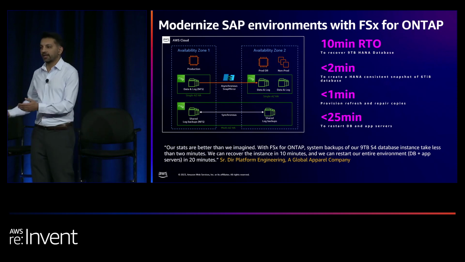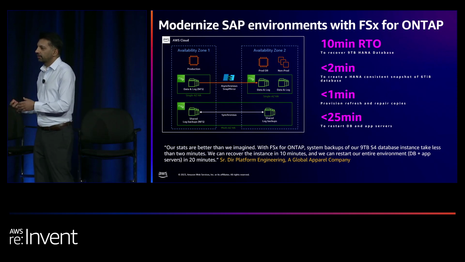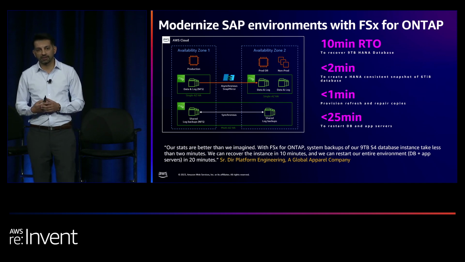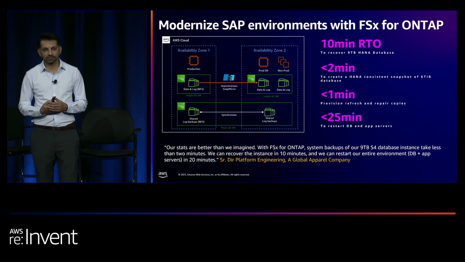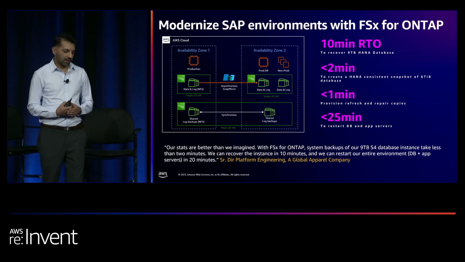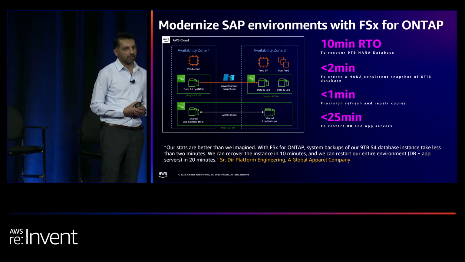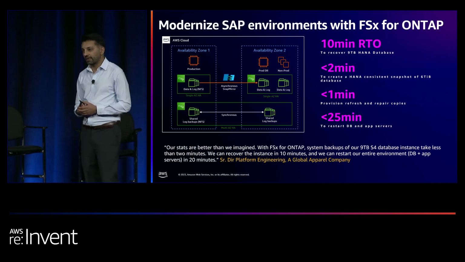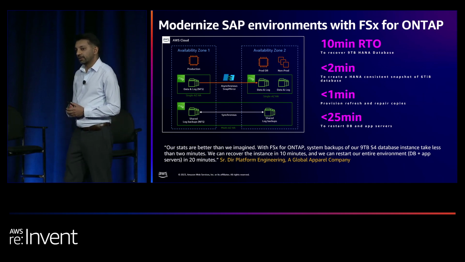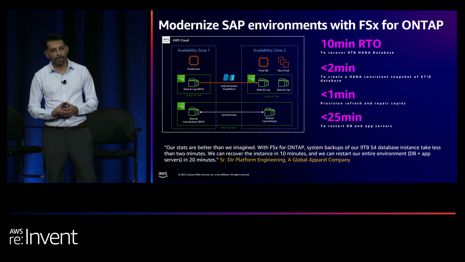The similar benefits extend to some of the other critical applications as well. Think SAP HANA. One of our large customers had very aggressive RPO and RTO goals, and a very large HANA environment that they needed to bring to AWS.